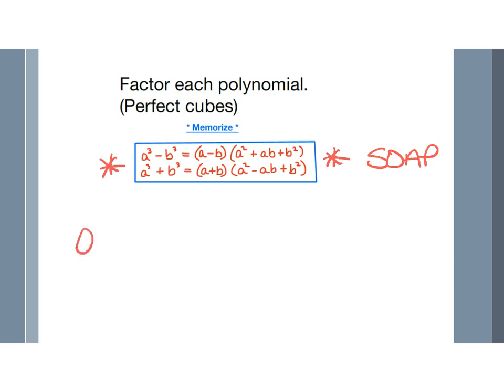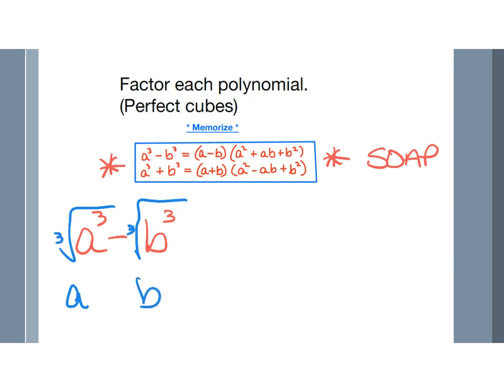If your original problem has a subtraction sign, instead of square rooting the numbers, we are going to be cube rooting the numbers. So when I cube root, I divide the exponent by 3 now. This gives me my A, and this gives me my B. And then from there, we plug it into the pattern.